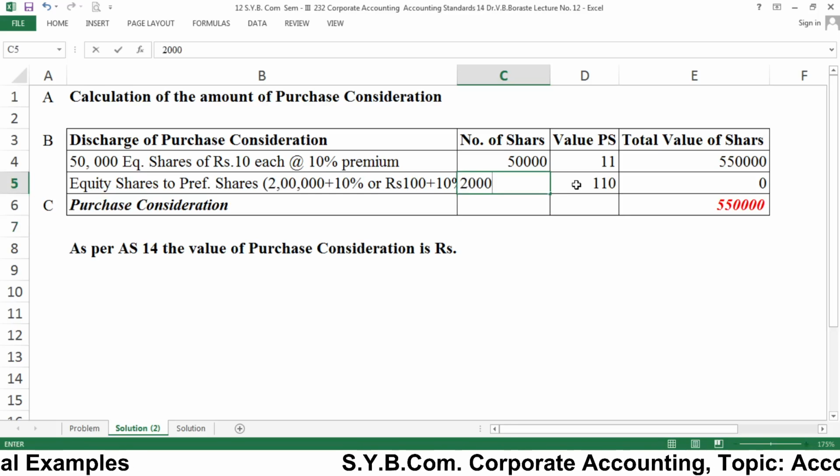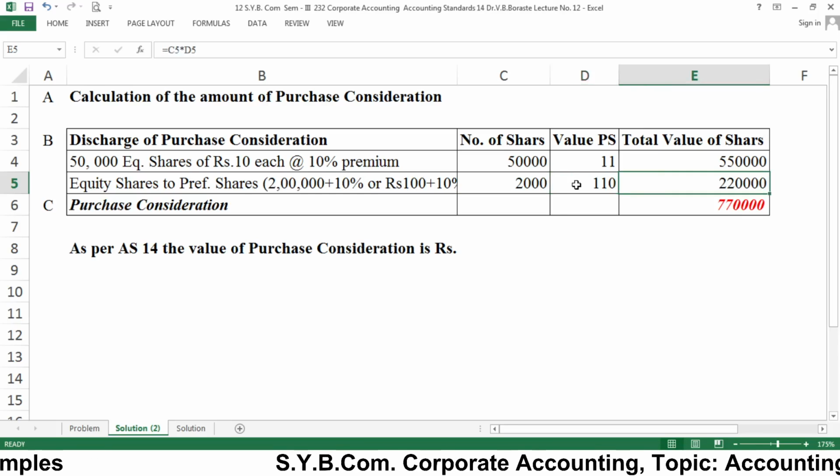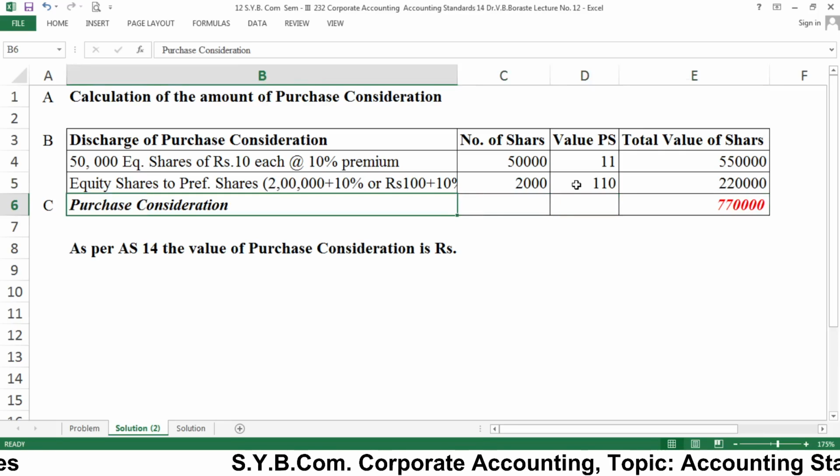So 2000 equity shares into 110, that is value per share. So total value of shares will be 2 lakh 20,000 and the purchase consideration will be 7 lakh 70,000.